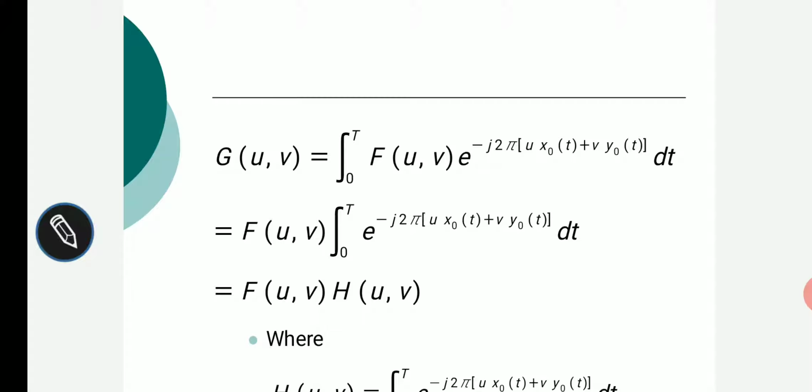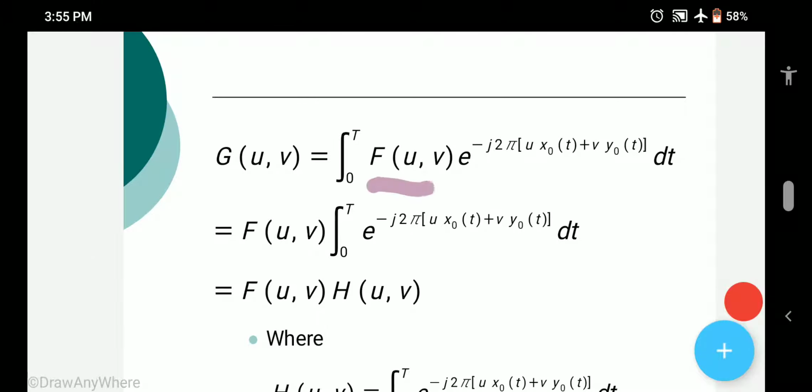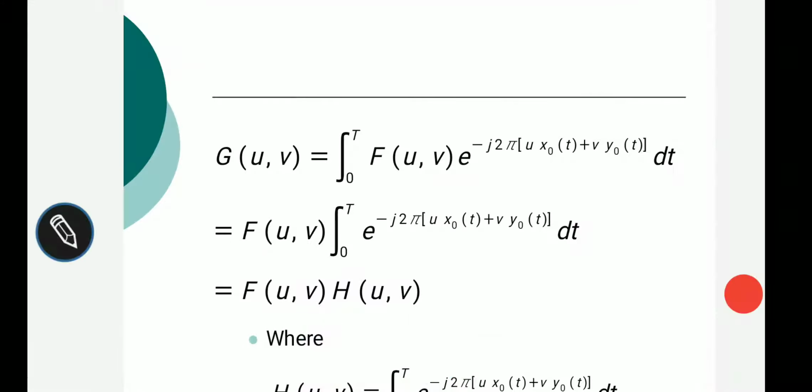Since F of u comma v is independent of t, we take it out as a constant. So we take outside the integral from 0 to T of e raised to minus j 2 pi (u x naught of t plus v y naught of t) dt, which is like the transfer function. So G of u comma v is nothing but F of u comma v multiplied with H of u comma v.